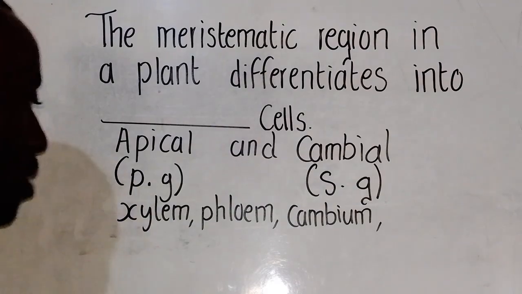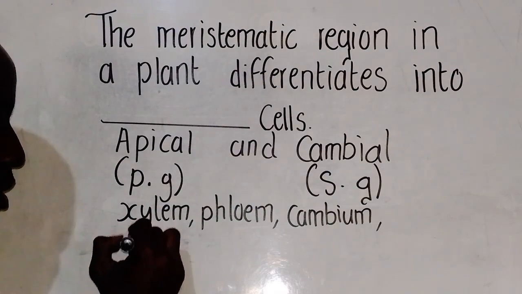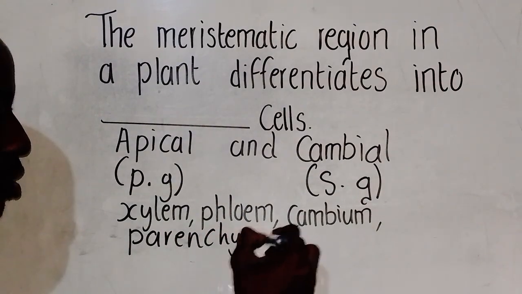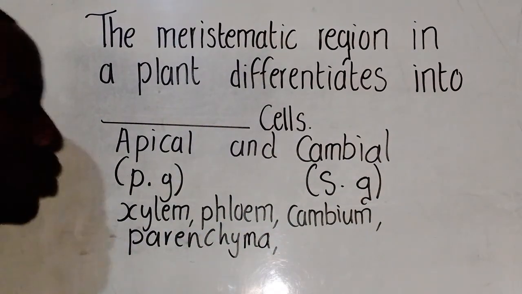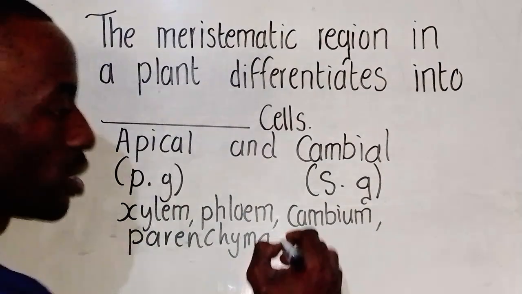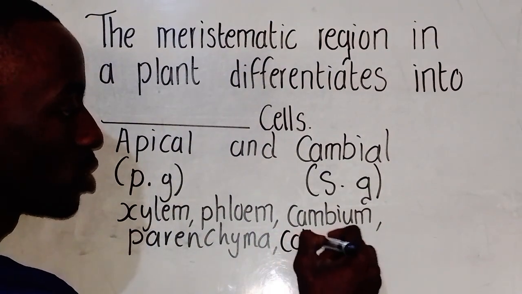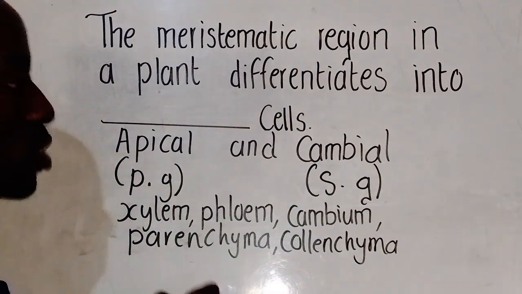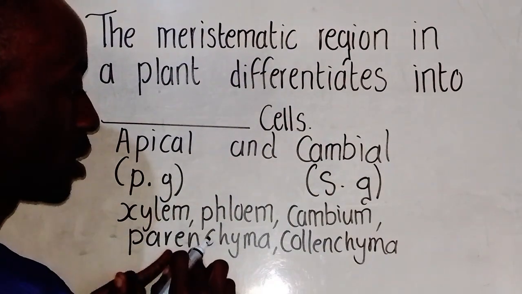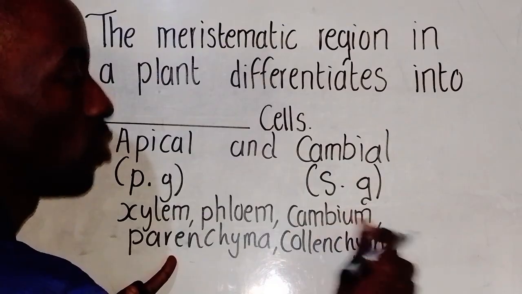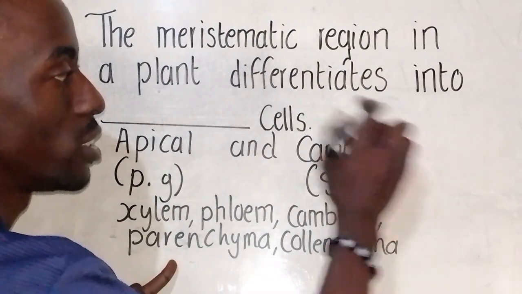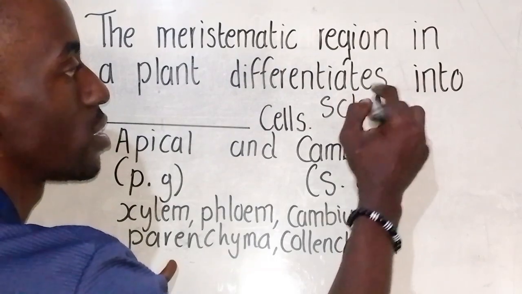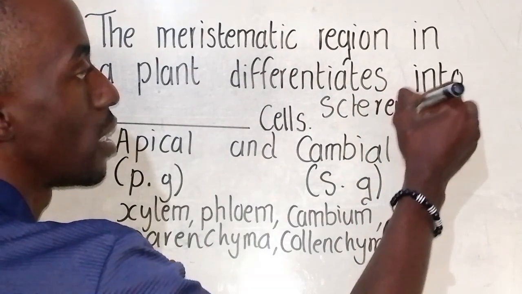For example, for the ground tissue, we may talk about the parenchyma, this word here. We may also talk about the collenchyma, this word. For the sake of space, the last one I'll put here, known as the sclerenchyma, like this.